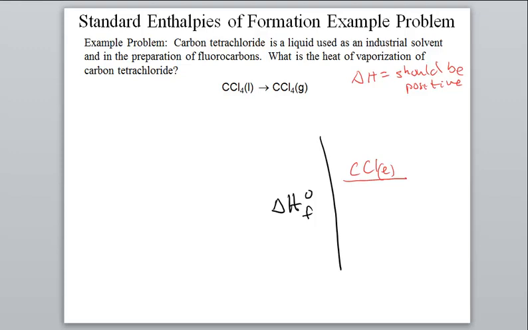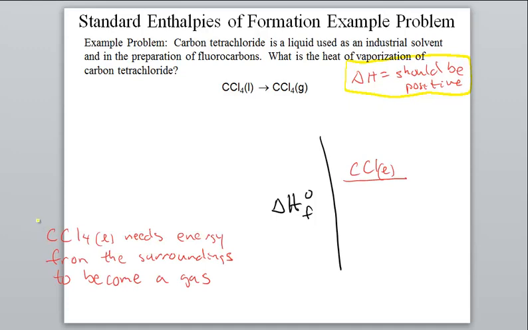This enthalpy change for this phase change should be positive. You need to add energy for a liquid to become a gas. The carbon tetrachloride liquid needs energy from the surroundings to become a gas. If something's gaining energy, then that change is positive.